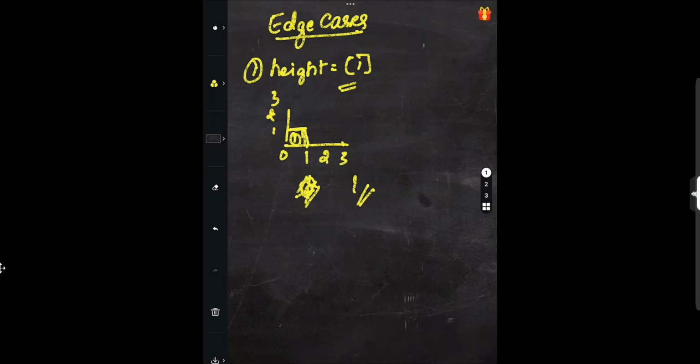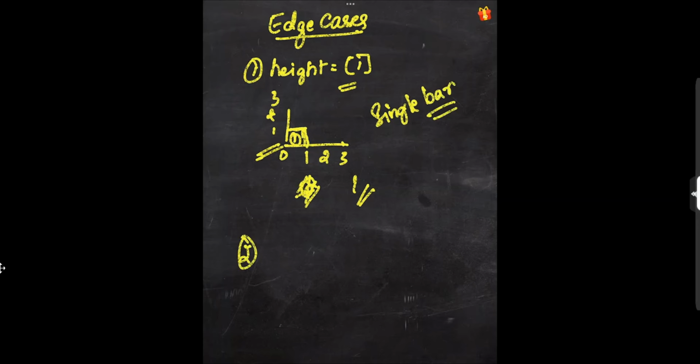Here you can clearly see this bar we have considered. So the output will be 1 here. This is for the single bar condition. So let's move on with the second edge case.